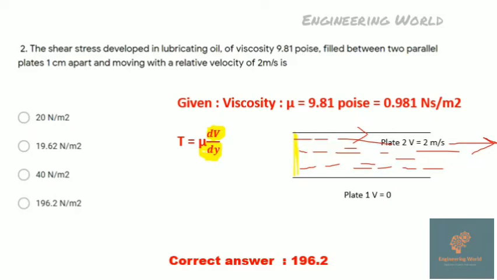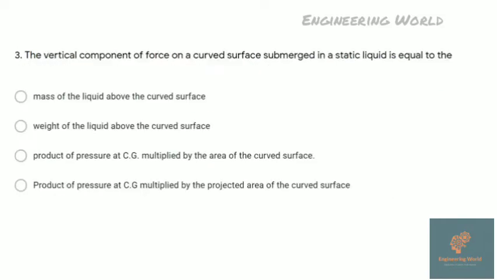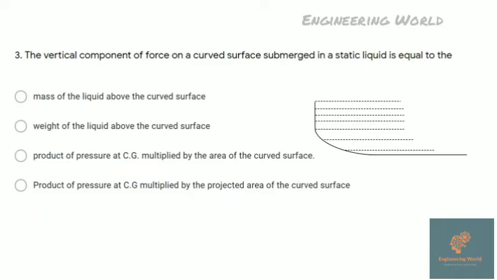Then the next question is: a vertical component of force on a curved surface submerged in a static liquid is equal to. Here is a curved surface and this is the free surface.